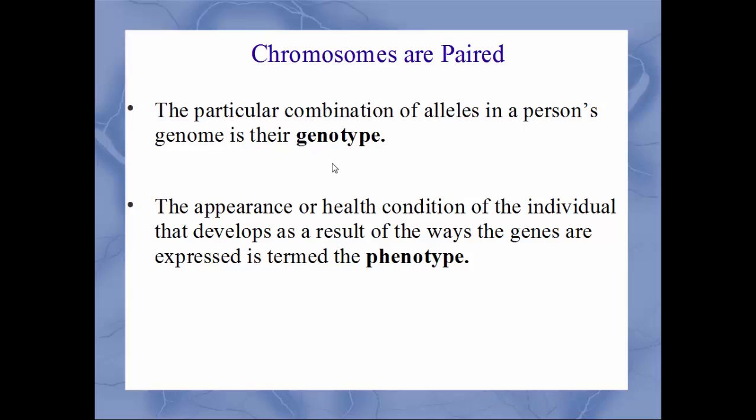Now, the physical condition or health condition that gene sets up or creates is the phenotype. So we talk about the genes, that's the genotype. We talk about the physical condition, hair color, eye color, do you have freckles or not? Do you have an extra finger or not? That's the physical product or physical result of those genes. That physical product is the phenotype.